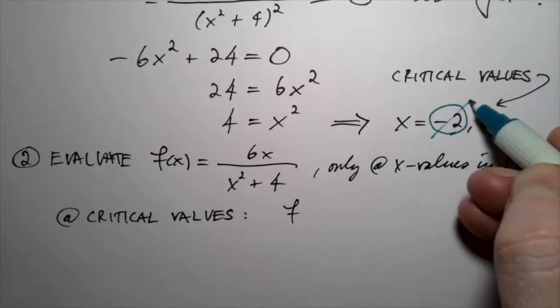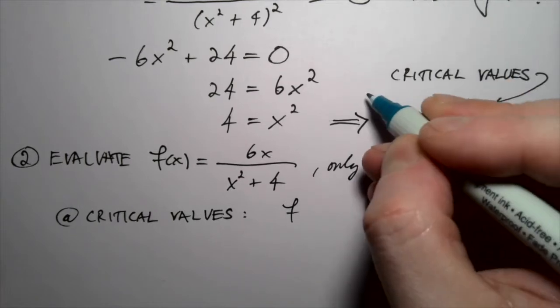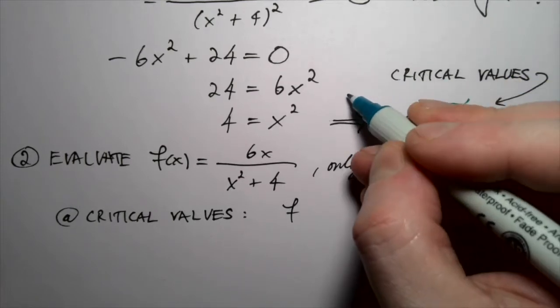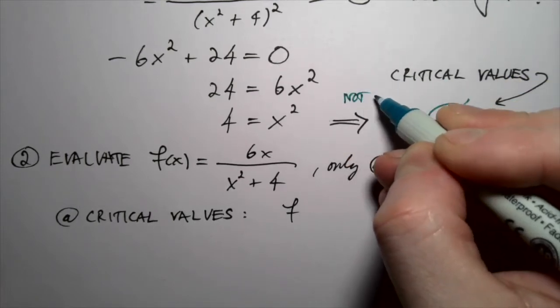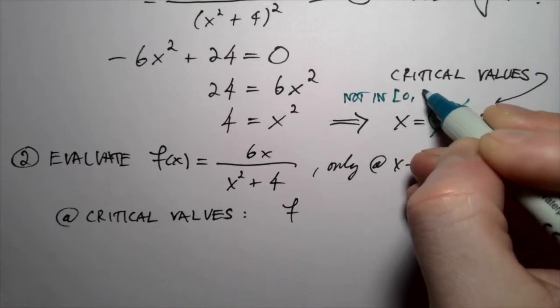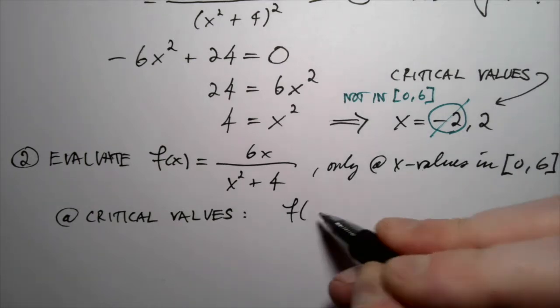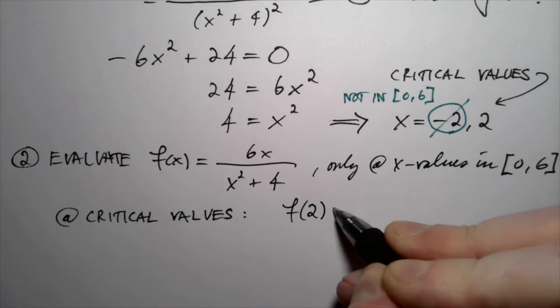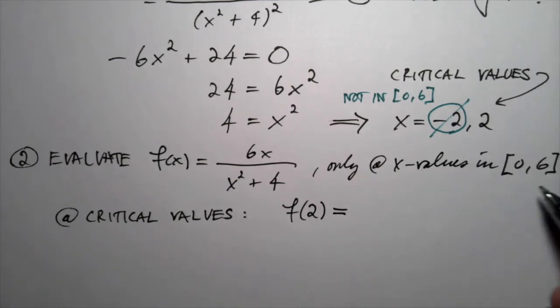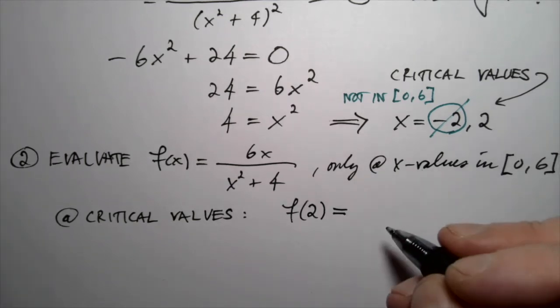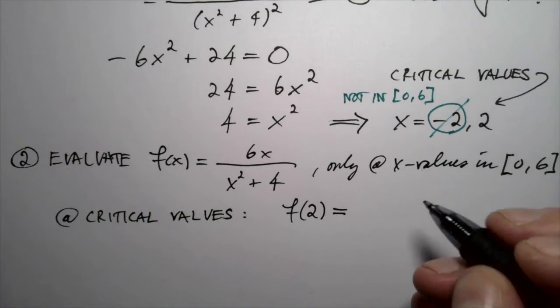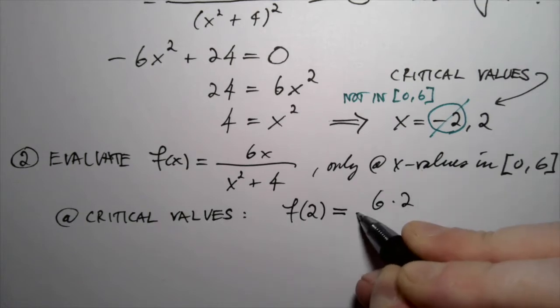It is a critical value, but there's no need to worry about it. It's not in this interval from 0 to 6. We're only accepting x values between 0 and 6 in this problem. So the only critical value that we need to evaluate the function at, after we've restricted attention to that interval, is 2.